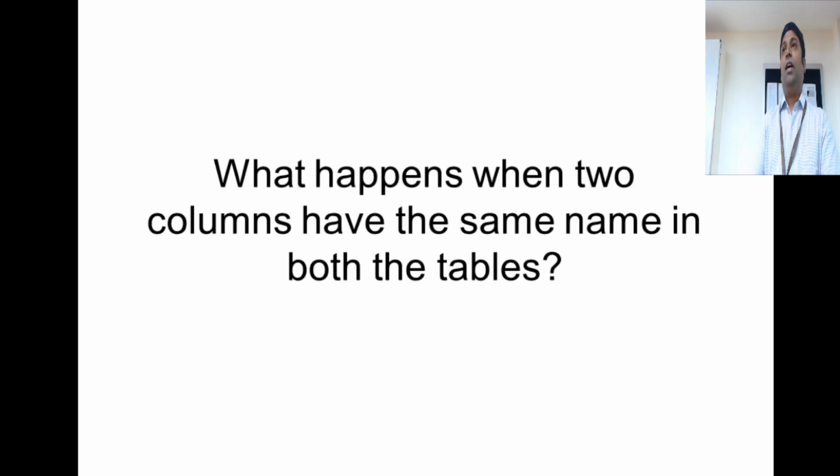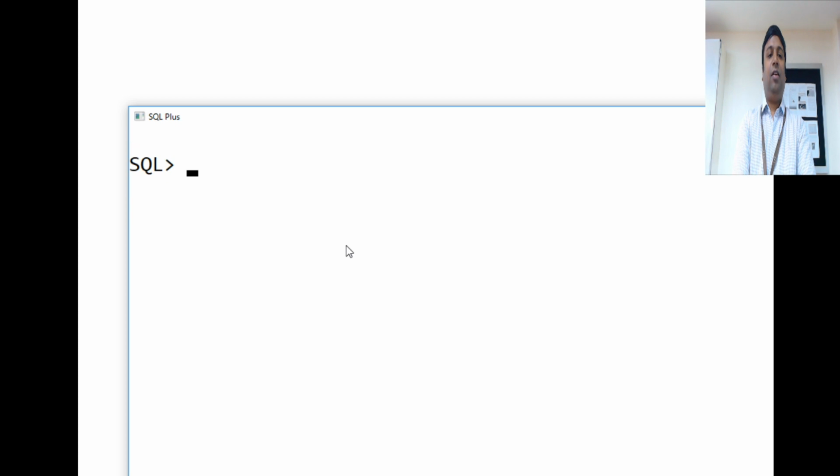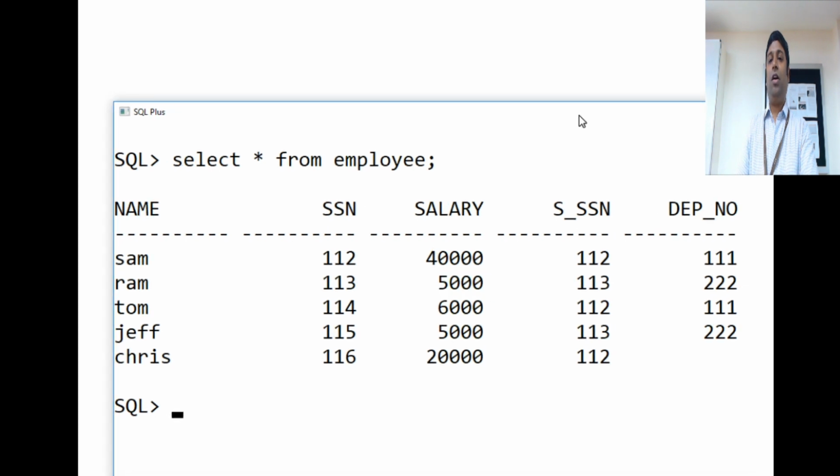We have done a query. We've seen how to join two tables using a condition. Now comes this question. One of our friends was asking us, what happens when two columns have the same name in both the tables? When you take a look at my employee table, select star from employee, the foreign key column is DEP underscore number.